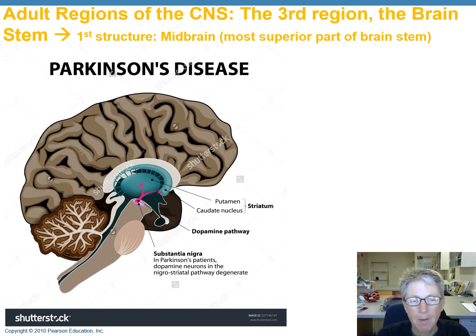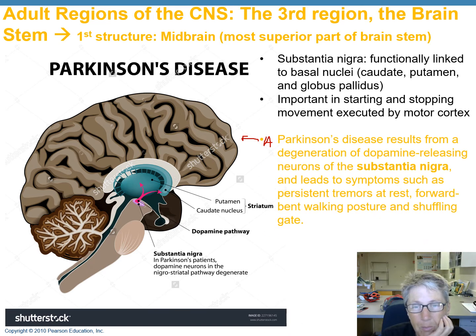This is a slide about Parkinson's disease. Again, this is a sagittal section, and this would be the anterior part. We're looking at the midbrain, and also the thalamus, but the midbrain is the most superior part of the brainstem.